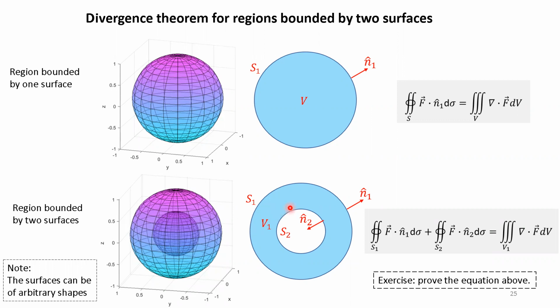I want to ask how much air is escaping this region per unit time. Remember, this region is the region between the two closed surfaces. I want to ask how much air is getting out of this region per unit time. When we are talking about the air escaping, in the case above, the only way that the air can escape from this region is to get out, like this.